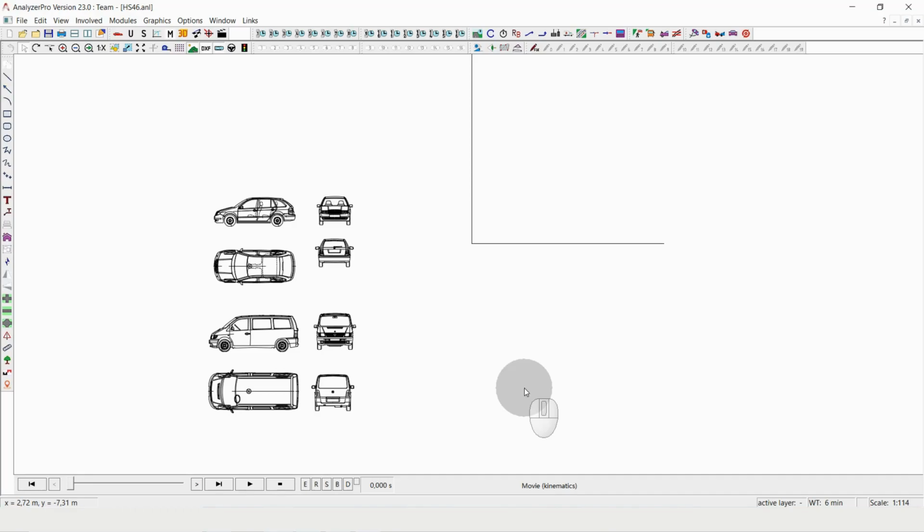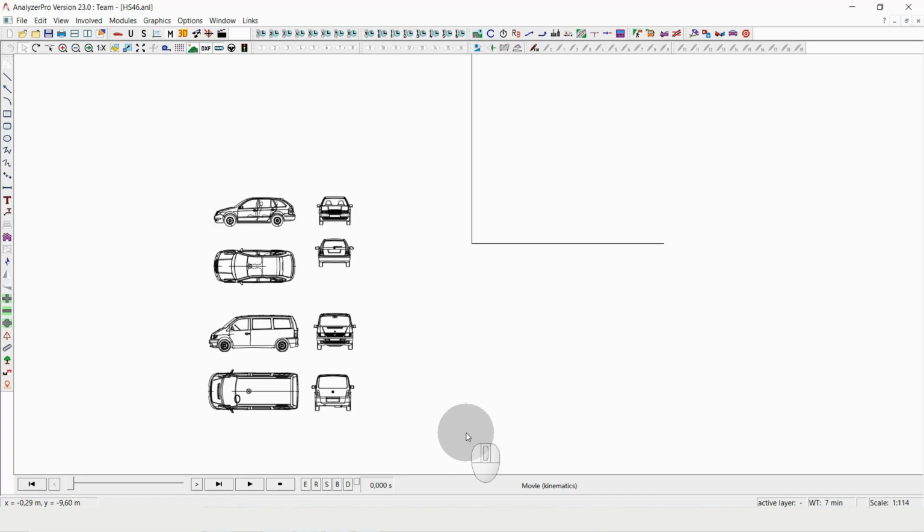Today we are discussing the topic of rear end collision, the topic of whiplash syndrome. Depending on the legal system you're working in, these can be quite frequent topics at court, and we want to see how we can use Analyzer's serial collision module to deal with these types of accidents.